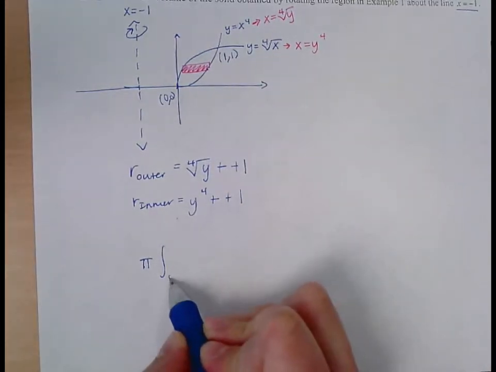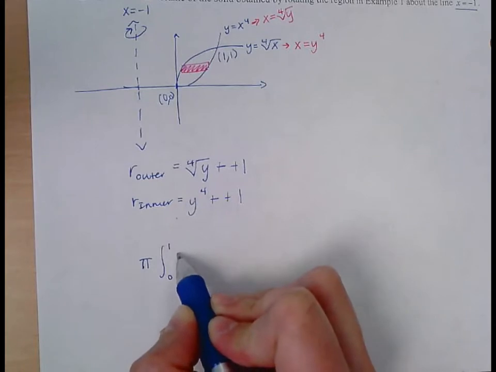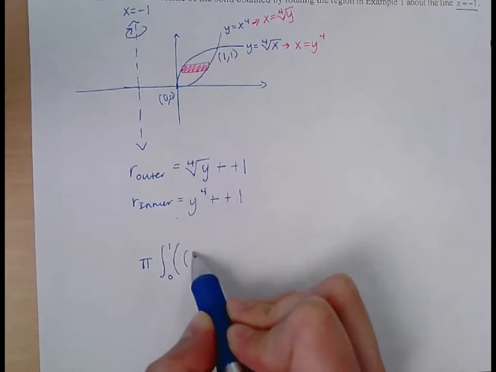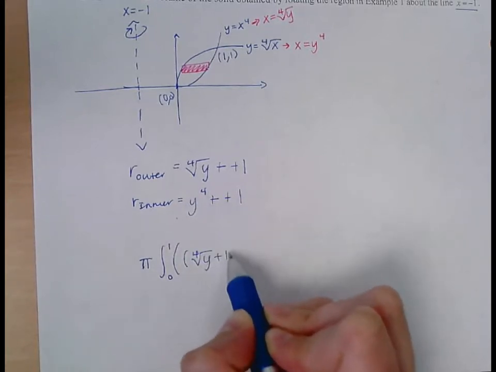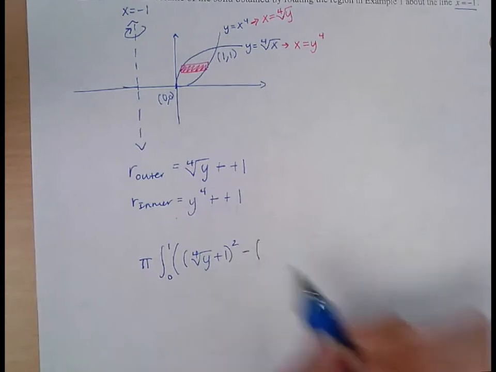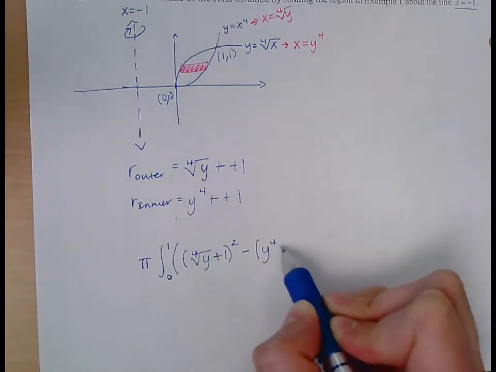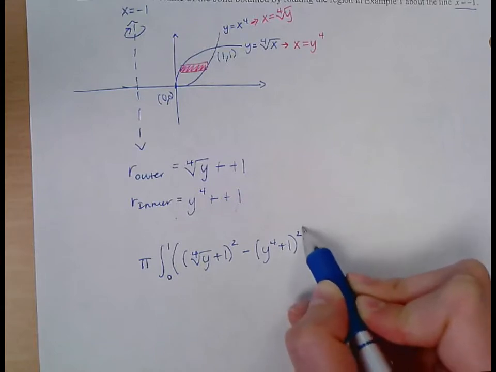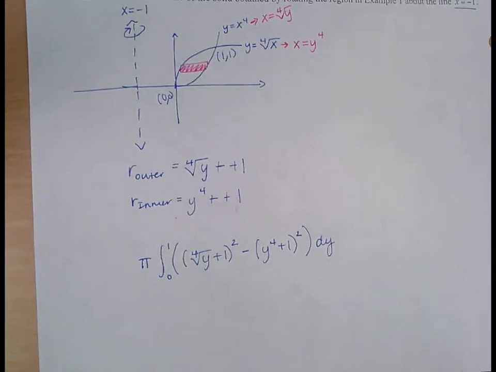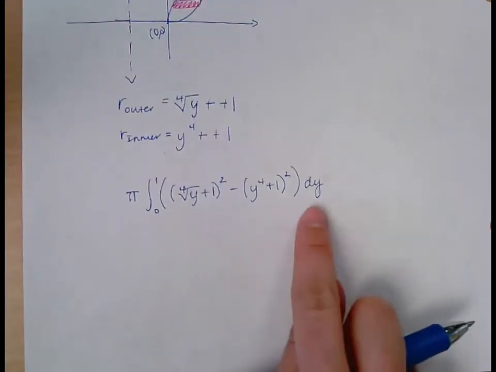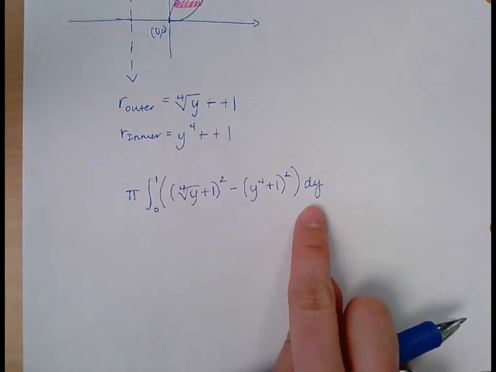So I'd have the integral from 0 to 1 of the outer radius squared, so the fourth root of y plus 1 squared, minus the inner radius squared, y to the fourth plus 1 quantity squared, and then it would be dy. That would be the integral I would be evaluating in order to get the volume.